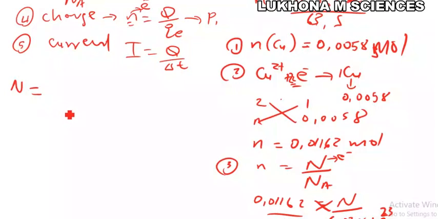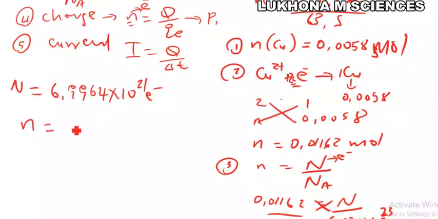So the answer is 6.9964 times 10 to the power 21 electrons. Then we can calculate a charge now.